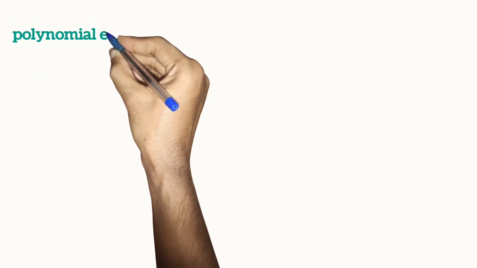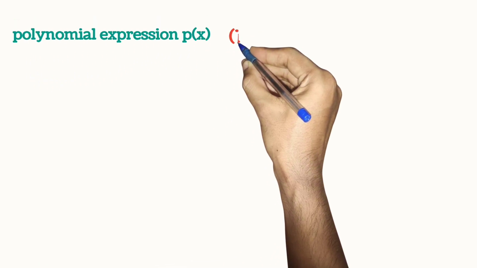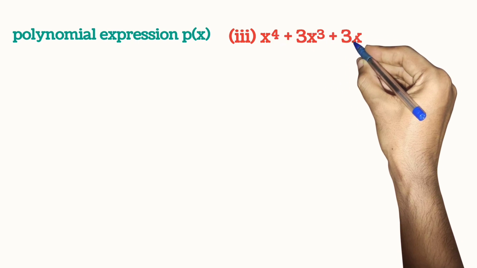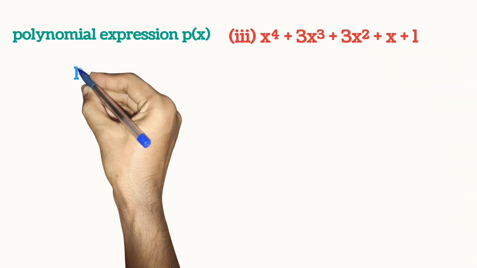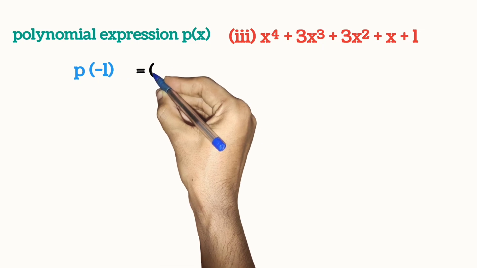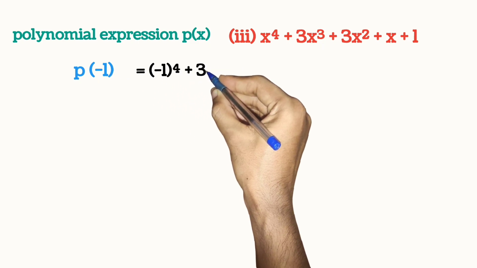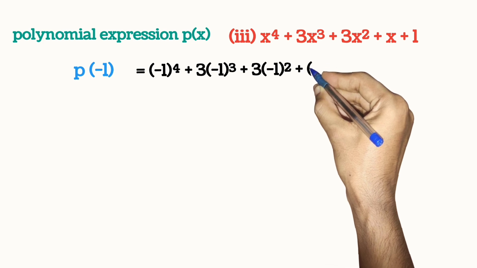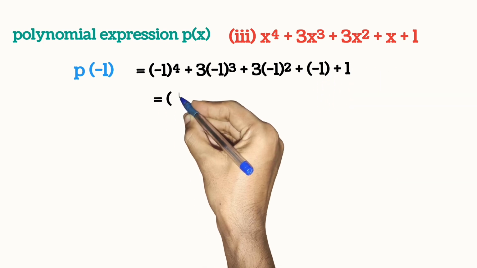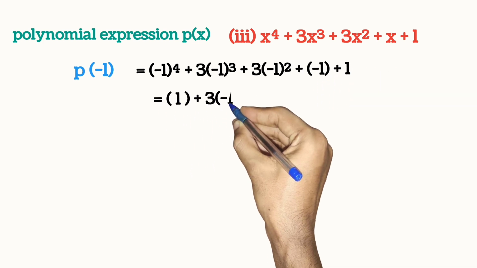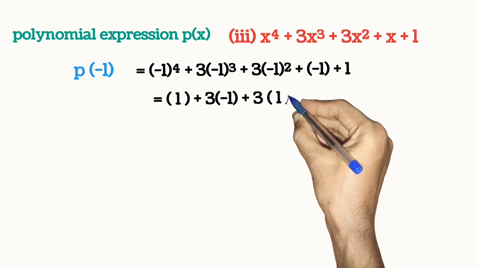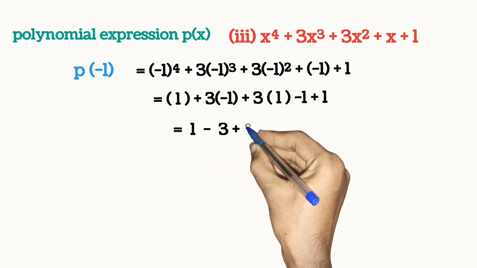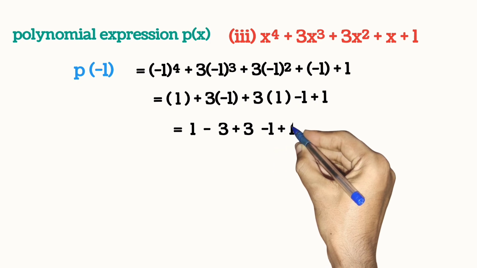Look at another polynomial expression p(x), that is x to the power 4 plus 3x cube plus 3x square plus x plus 1. Now put p(minus 1), we get (minus 1) to the power 4 plus 3 into (minus 1) cube plus 3 into (minus 1) square plus (minus 1) plus 1, that will be 1 plus 3 into minus 1 plus 3 into 1 minus 1 plus 1, then 1 minus 3 plus 3 minus 1 plus 1.